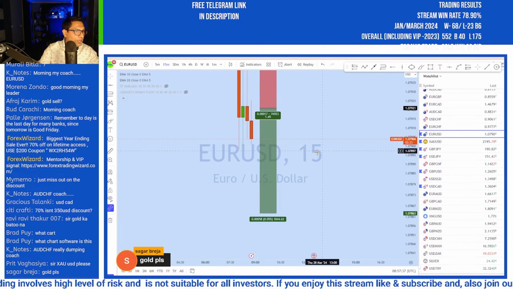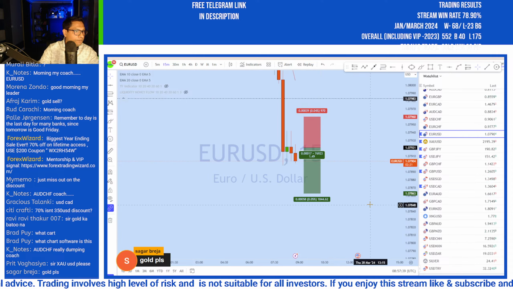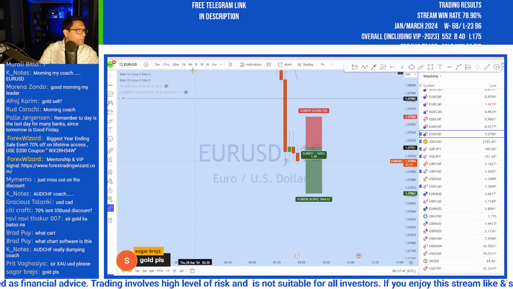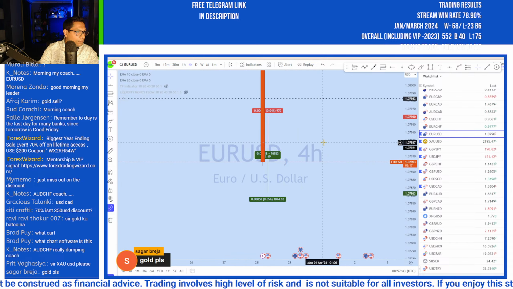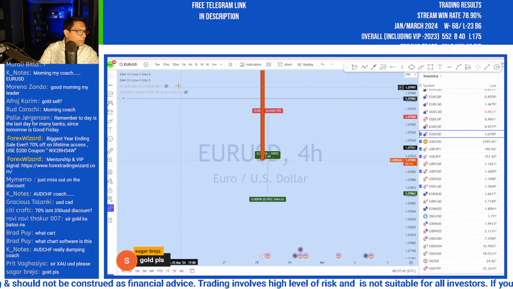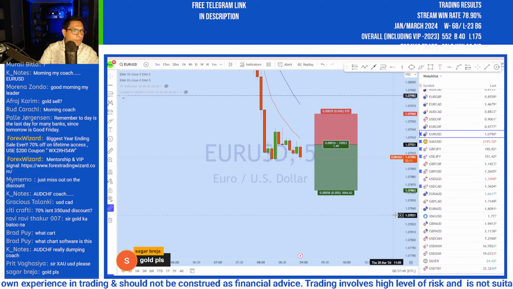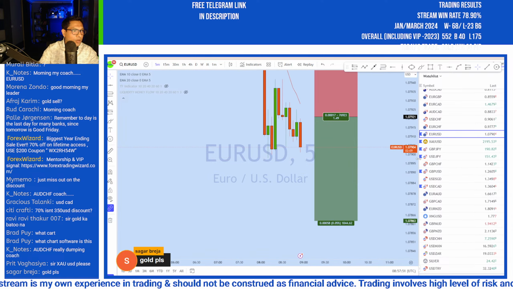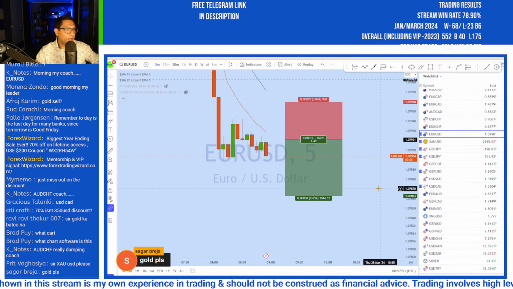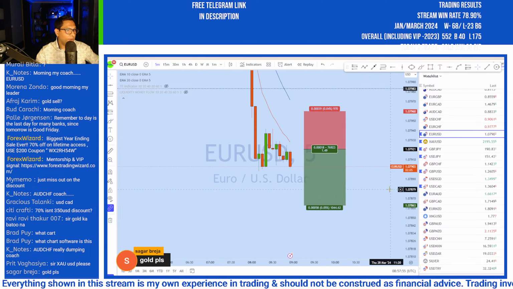Very narrow zone here on this market. So in 2 minutes time there will be a candle close, so I'd like to see that we have secured some profit before the time.